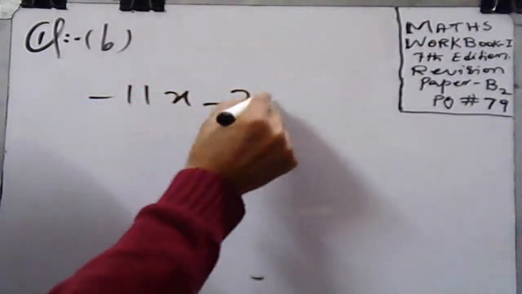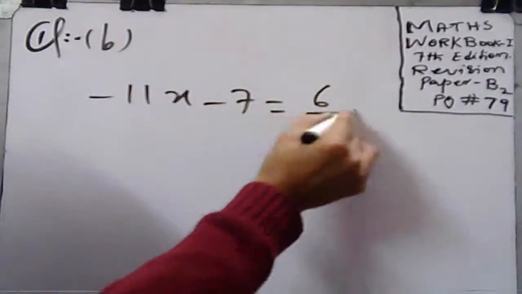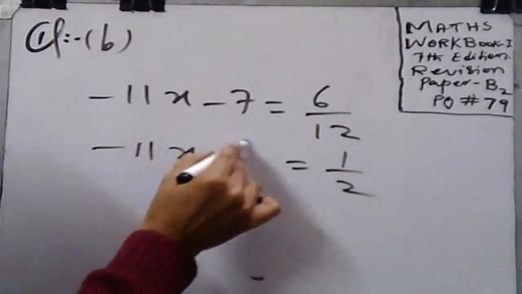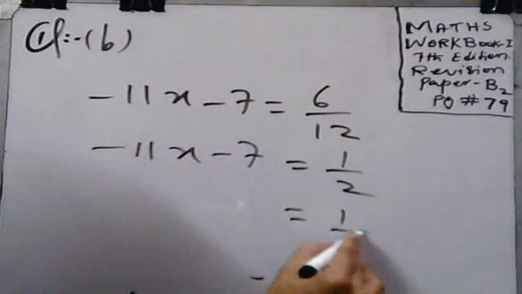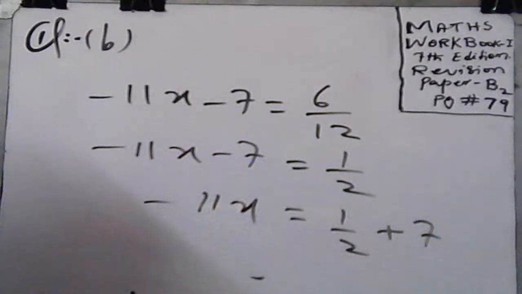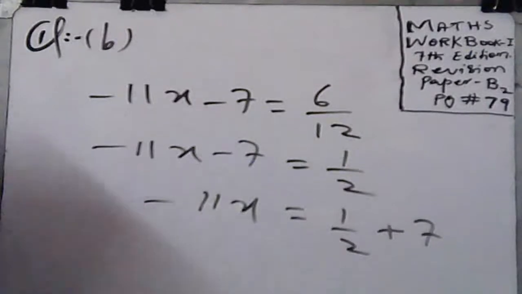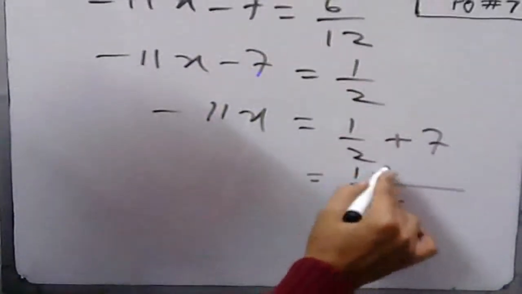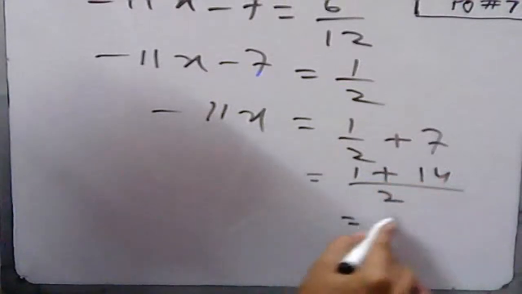Minus 11x minus 7 is equal to 6 by 12, 1 by 2. Minus 11x is equal to 1 by 2 plus 7, because we need the value of x, so the constant term will once again be shifted to the other side. Again here is your LCM, 1 plus 14, you will get 15 by 2.